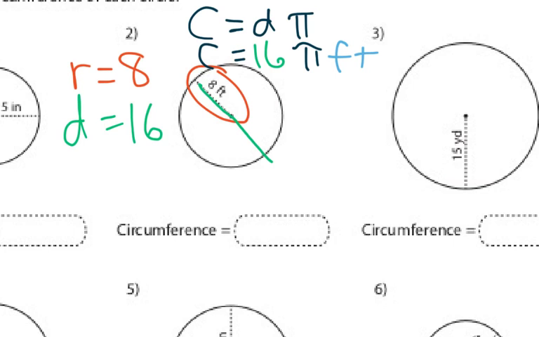I want us to write it both ways every time to get used to it, because both answers are correct, and depending on what you're going to do with it later, like if it's your final answer, I say put it in decimal form. If you are going to use that answer to then plug in to a different part, I say leave it in pi form, because pi form is actually more accurate.